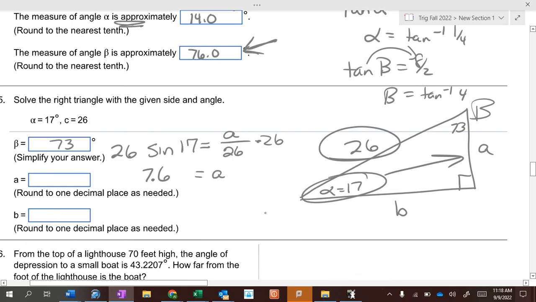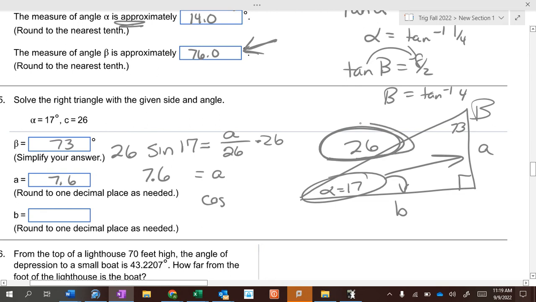Okay. Let's say I want to find B from the 17 degrees. B is the adjacent side, so I use what trig function? Cosine, because I know my 26 is my hypotenuse. I don't want to use 7.6 when I'm trying to figure this out because that's a rounded answer and could throw my other answer off.